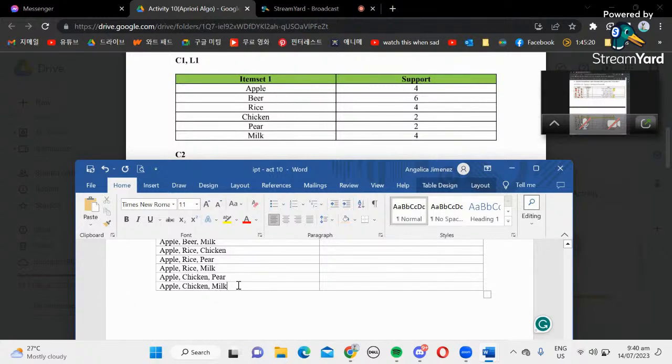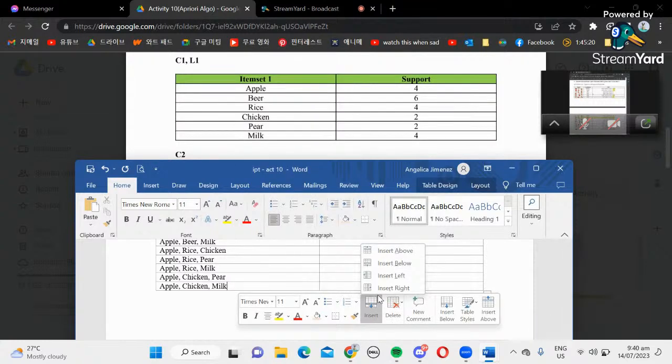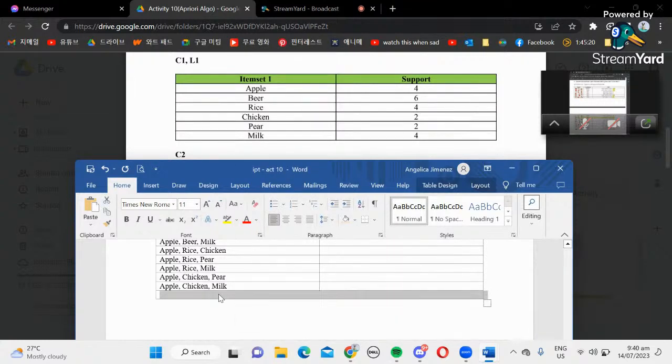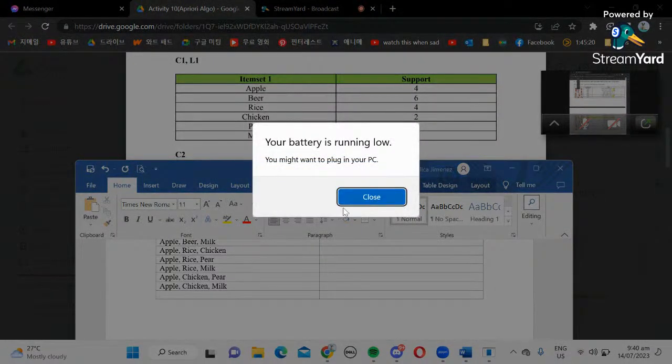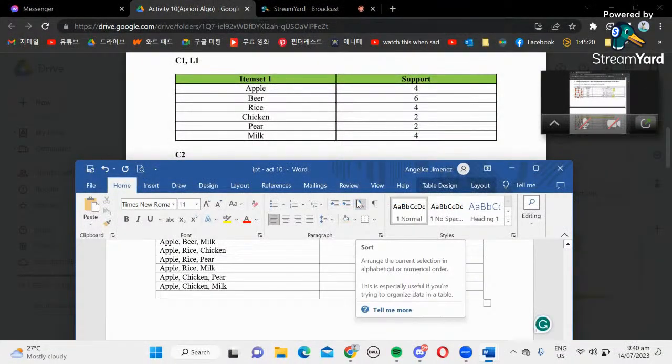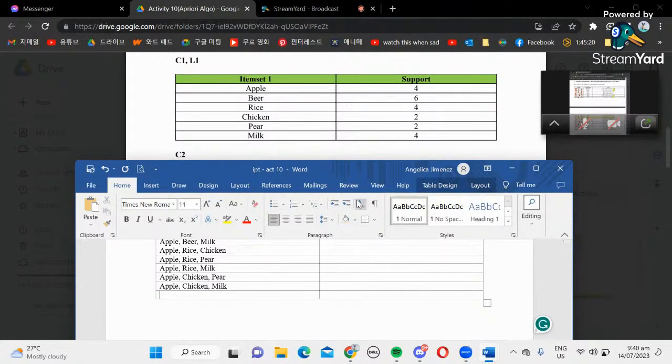Okay, sige, Beethoven, go. Sige. So yun po yung final association rule natin: if we are going to buy apple and beer, then we are going to buy rice. Next, if we are going to buy apple and rice, then we are going to buy beer.